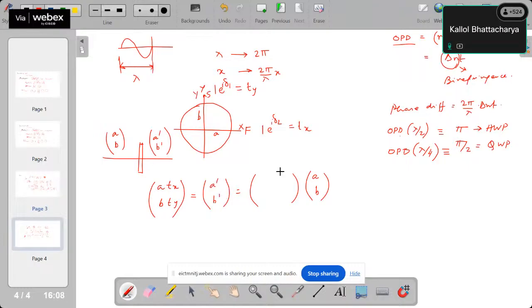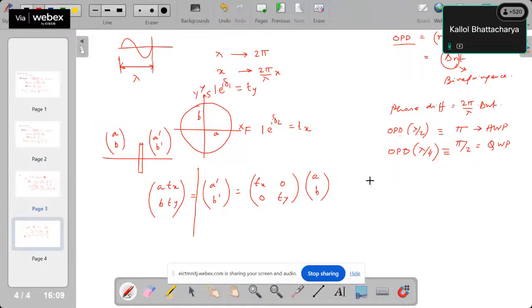And therefore, if we take this equation, then this should be the matrix Tx, 0, 0, Ty. So we have A prime equal to Tx into A and B prime equal to Ty into B. If it's a simple polarizer, we'll write Ty is 0.